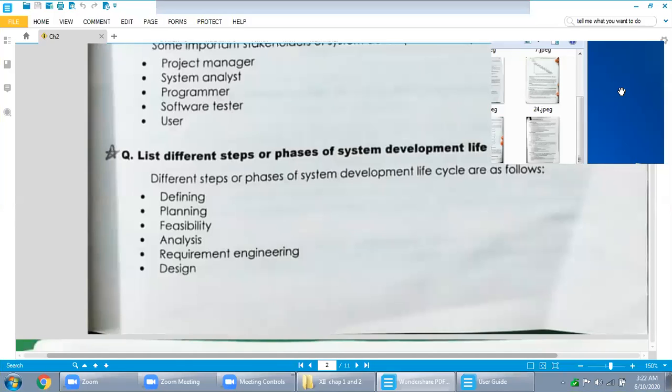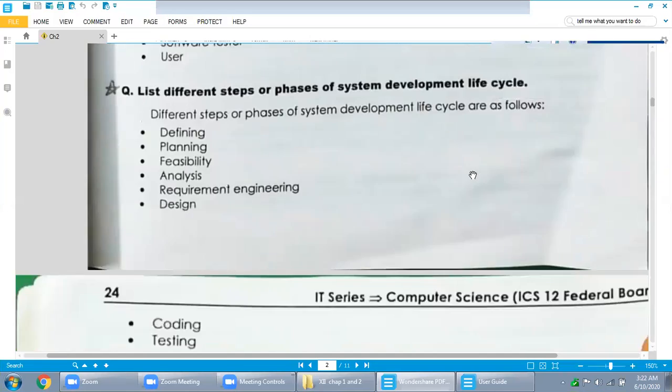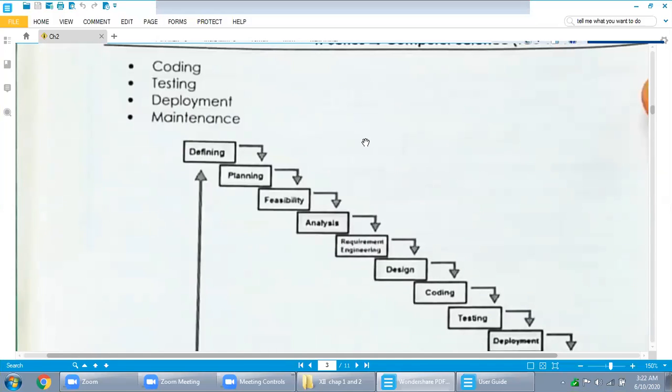Feedback of our previous lectures: we have started the question list, different steps or phases of the system development life cycle. Over there, we have studied defining the problem, planning, feasibility, analysis, requirement engineering, design, coding, testing, deployment, maintenance.